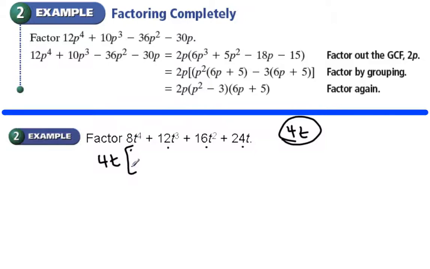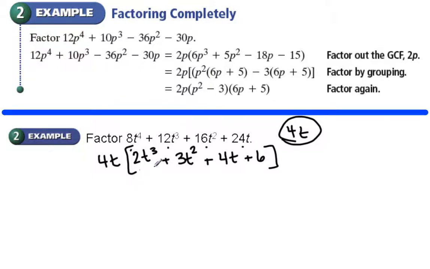8t to the fourth divided by 4t will leave us with 2t cubed. 12t cubed divided by 4t is going to leave us with 3t squared. 16t squared divided by 4t is going to be 4t. 24t divided by 4t will be 6.